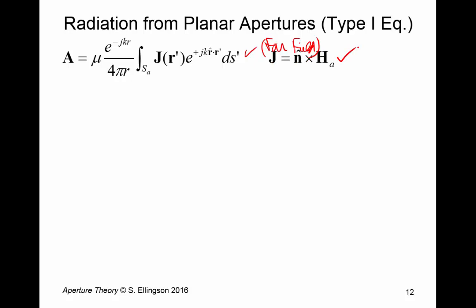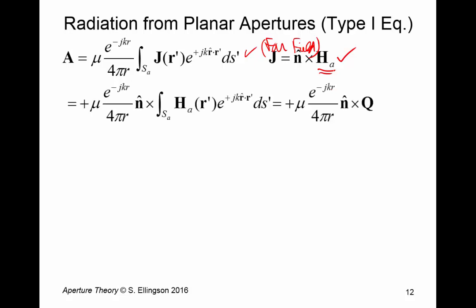Here is the magnetic current density. It's just N cross the magnetic field intensity in the aperture. So we make that substitution. Here's J, and now there's N cross H. N cross doesn't change with the integration.